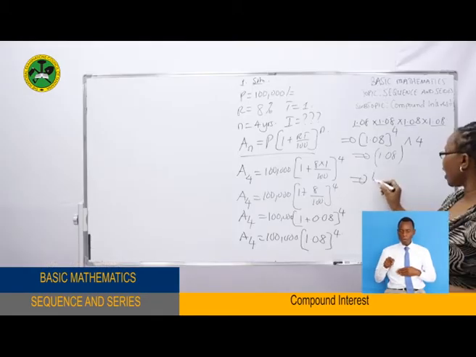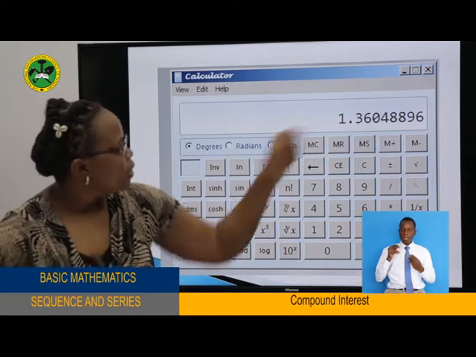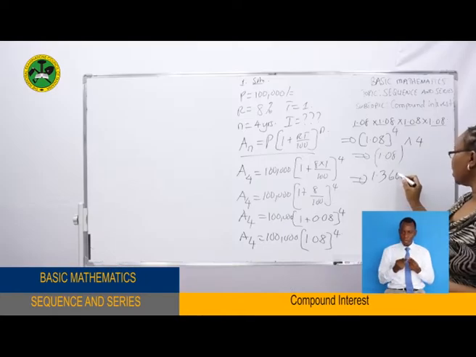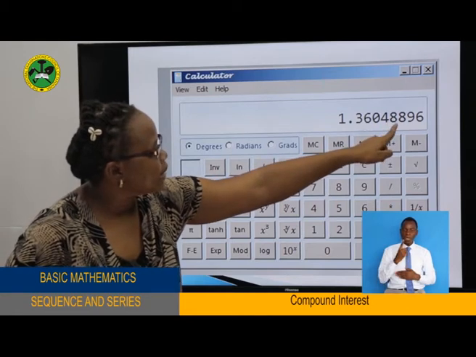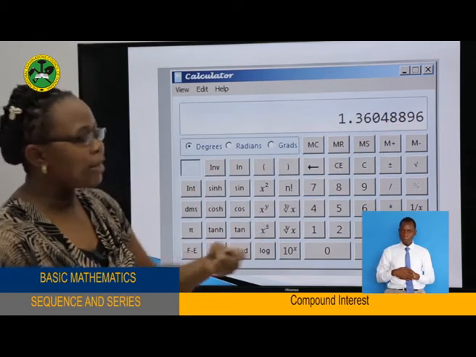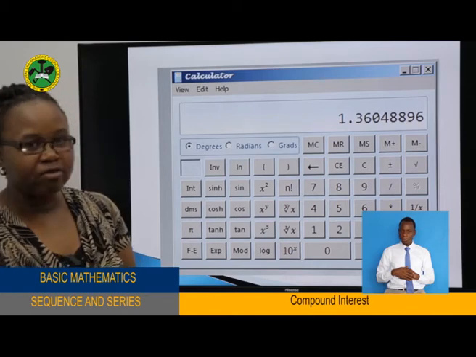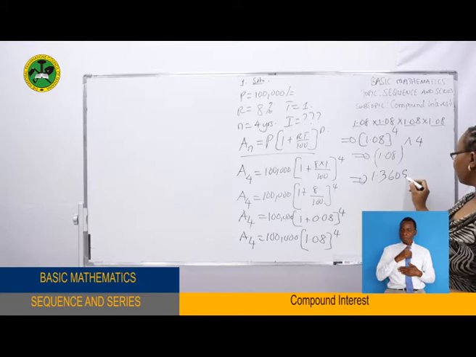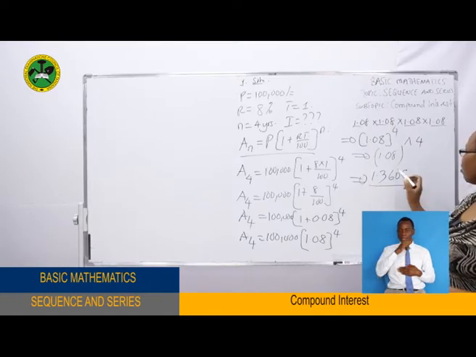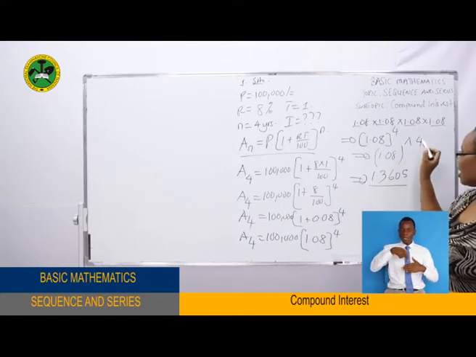That is 1.3604. But after the 4, there is 8. We said that when the digit is above 5, we can approximate, so it will be 5. So this is the value of 1.08 power 4.